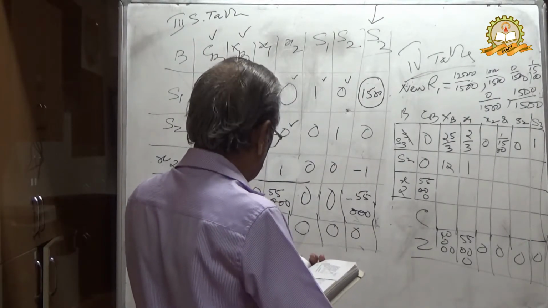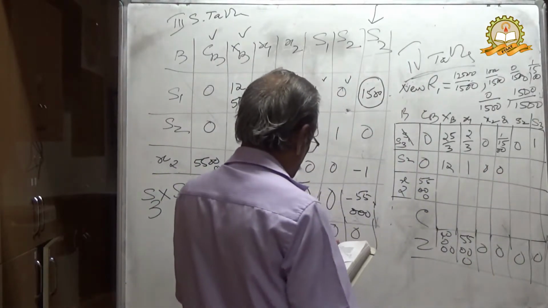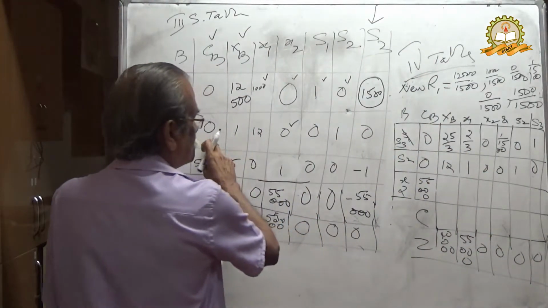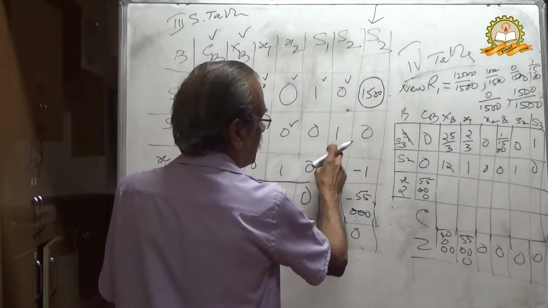0, 12, 1, 0, 0. Under S2 you have 0, 1, 12, 0, 0, 1, 0.